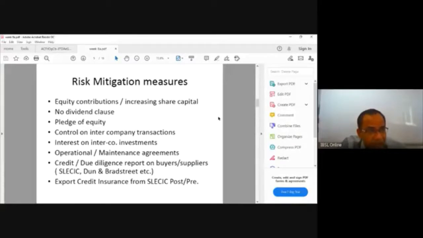Now you find a particular customer is into various businesses and borrowing from many banks, and you find that he is actually over trading. He doesn't need more working capital than what he has already taken from other banks.